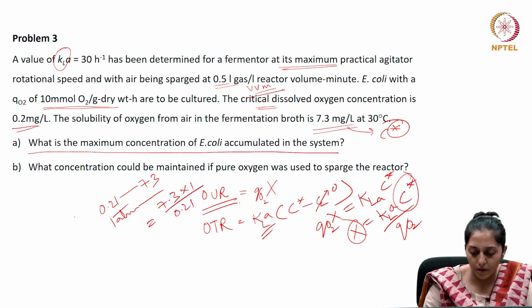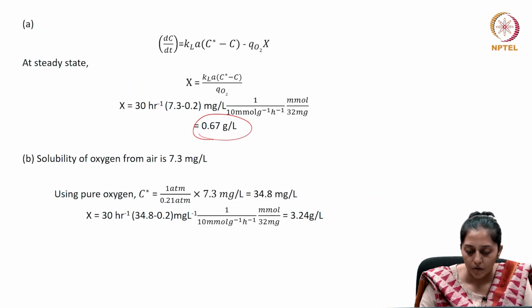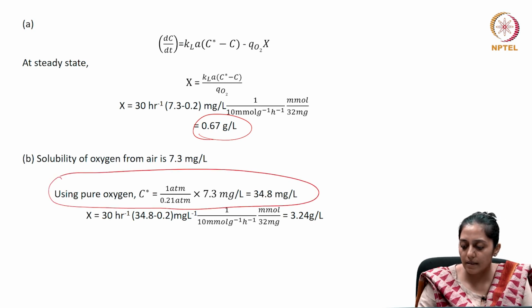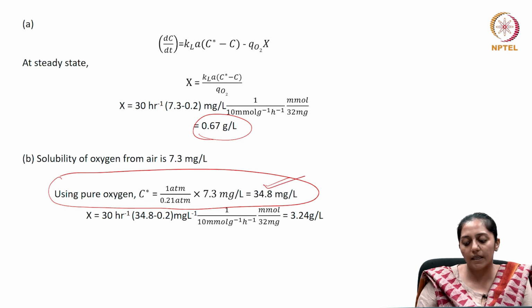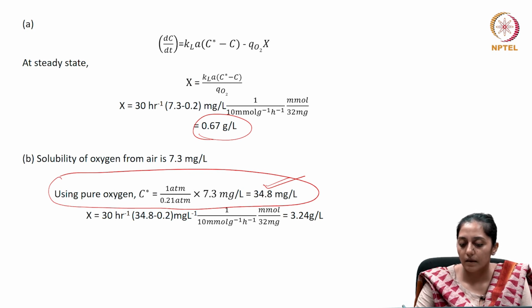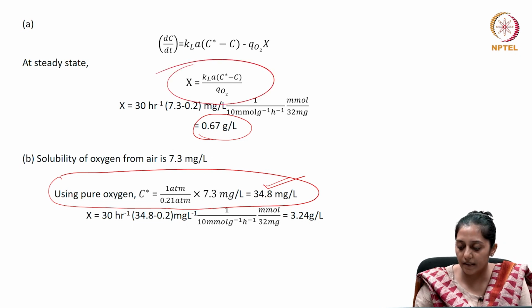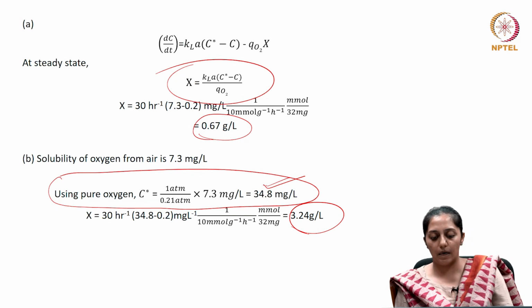So, this is your saturation. Your saturation concentration of pure oxygen can be calculated based on Henry's law as 34.8 mg per liter. Once we have the saturation concentration of oxygen in the bulk, then X by the same equality can be calculated as 3.24 grams per liter.